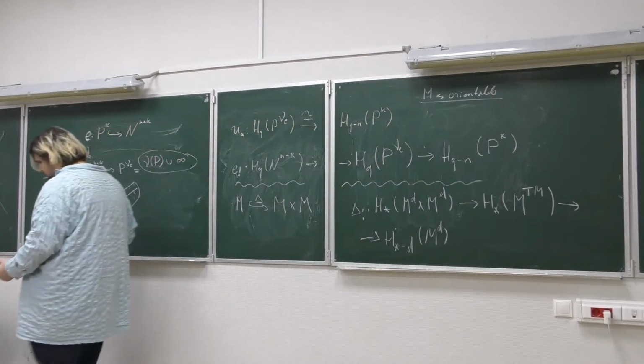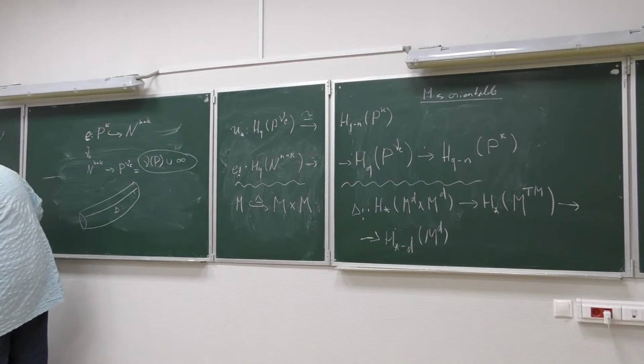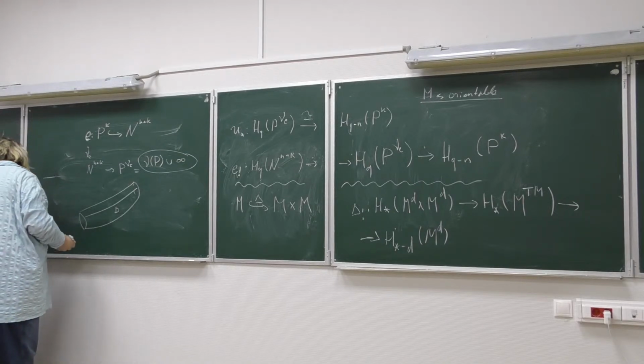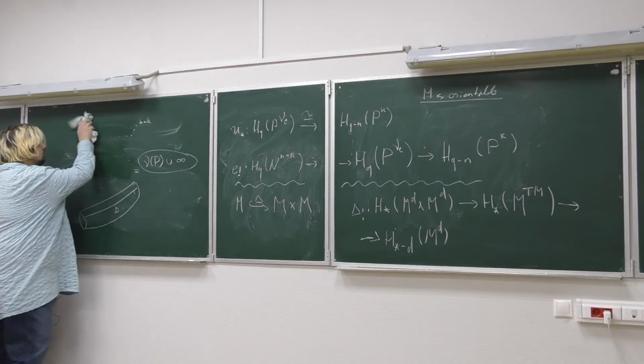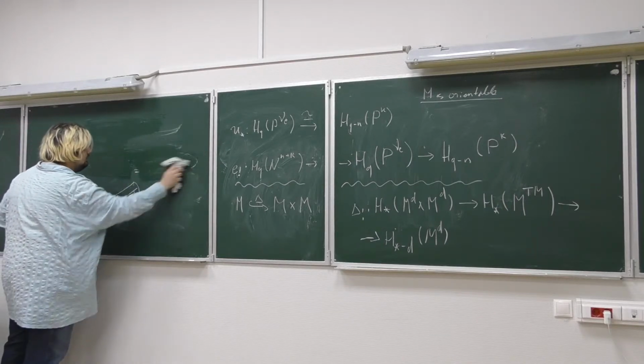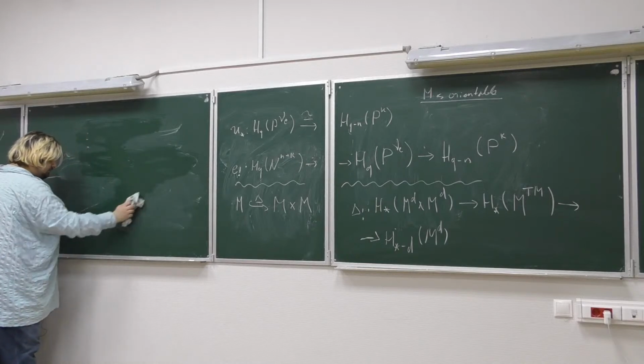Okay, so now I will just give some short information about virtual bundles over manifolds. So we will need to take Thom spaces of virtual bundles.